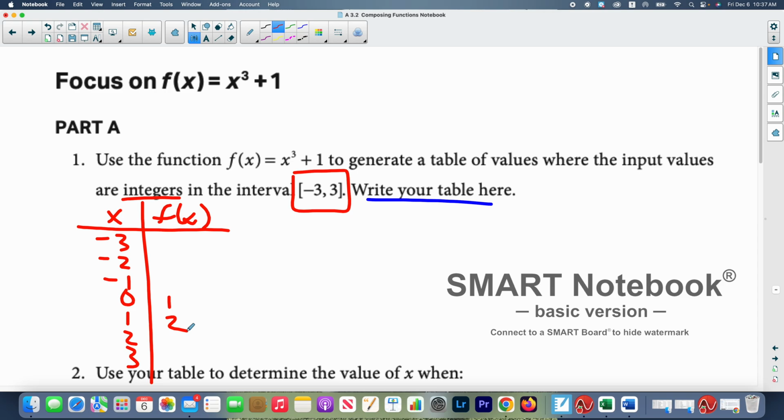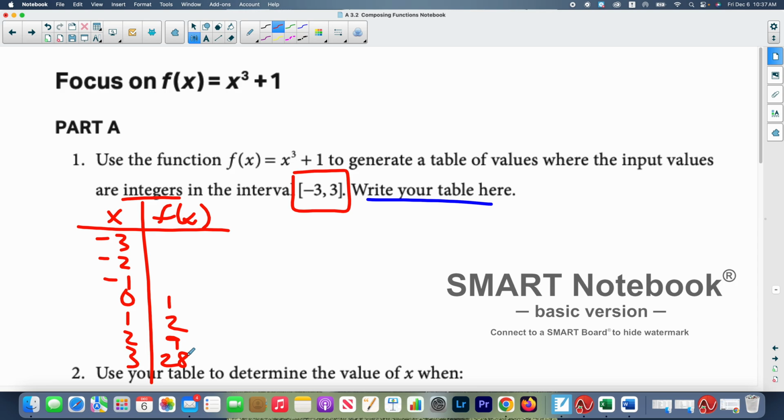What's 2 cubed? 8. What does 2 cubed mean? 2 times 2 times 2. So that's 8 plus 1 is 9. What's 3 cubed? 27 plus 1 is 28. Could we have done those by hand? Did we really need our calculator? Hopefully not. Okay, now let's go on the negative side.